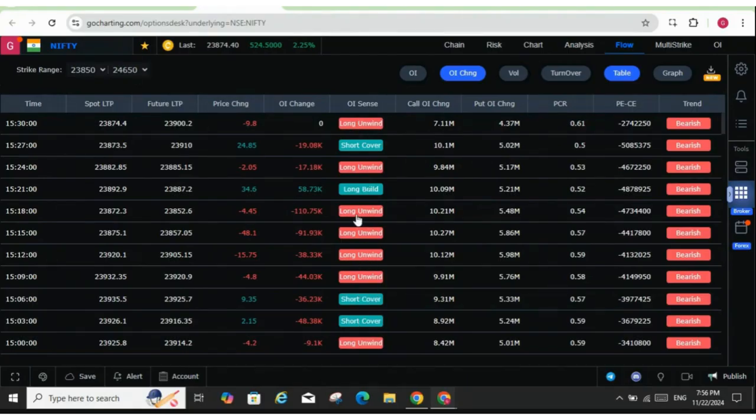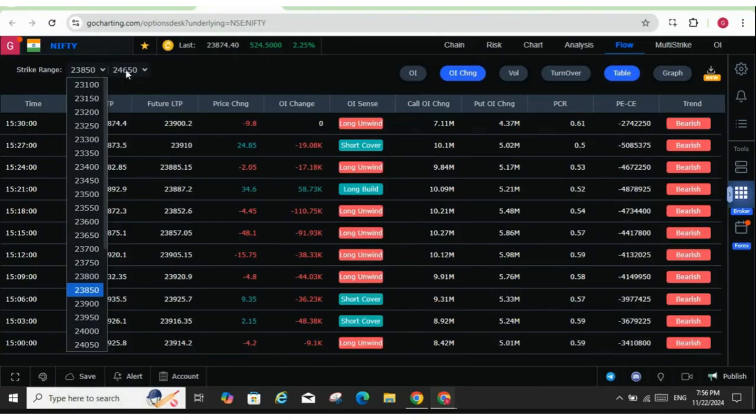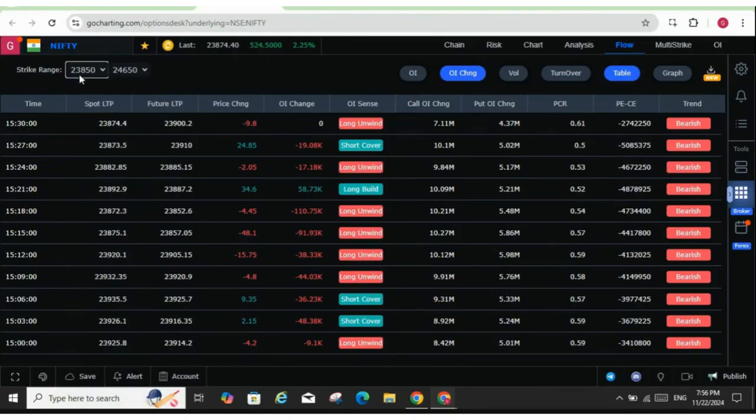Now for options, you can select the strike range. Whatever strike range you want, you can select for options. And for options, guys, we generally calculate the put call ratio for understanding the direction, or the difference in put and call. So you can gauge the trend for options here. We are combining both futures and options here.